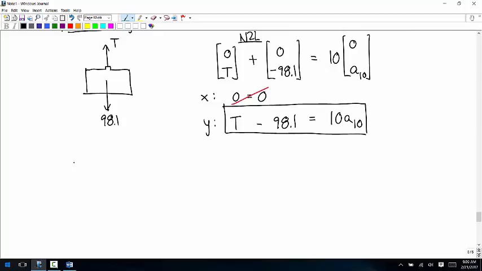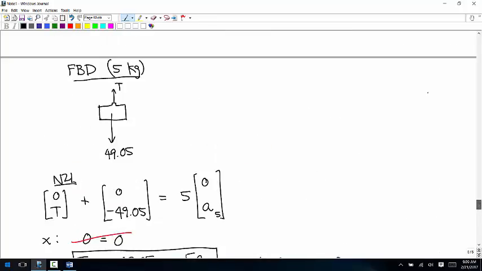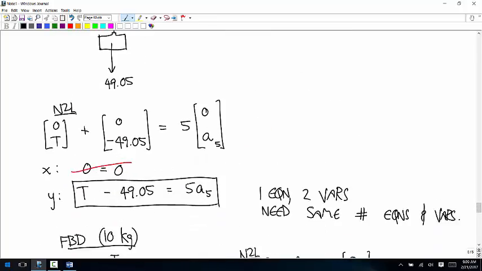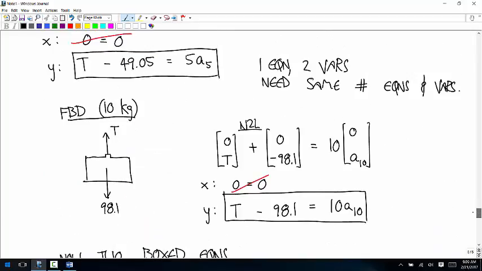Okay, so now we have a system of equations. So now there are two boxed equations. How many variables do they have? 1, 2. This one has T, so that's not a new variable, but this is a new variable.